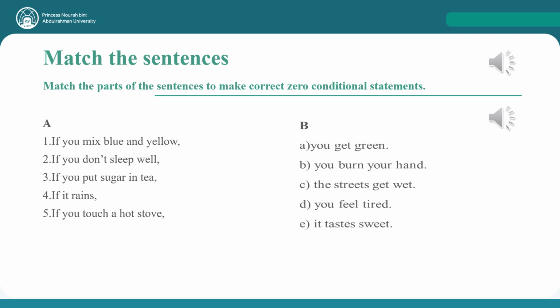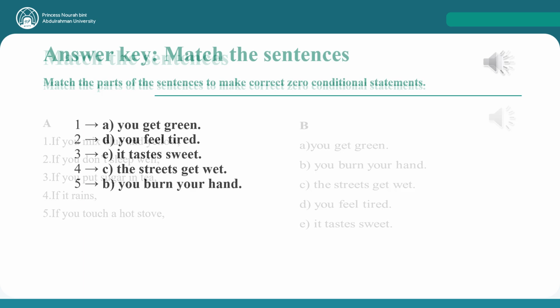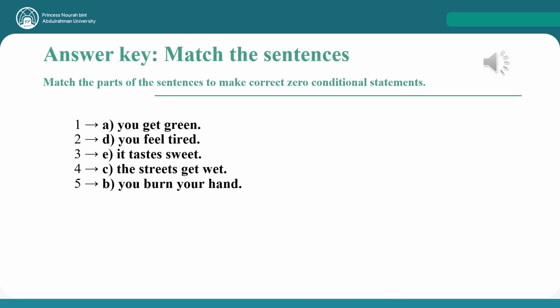Match the parts of the sentences to make correct zero conditional statements. Once you are done, you're going to check your answers in the next slide. Here you go. Look at the answers and compare them to what you have chosen.